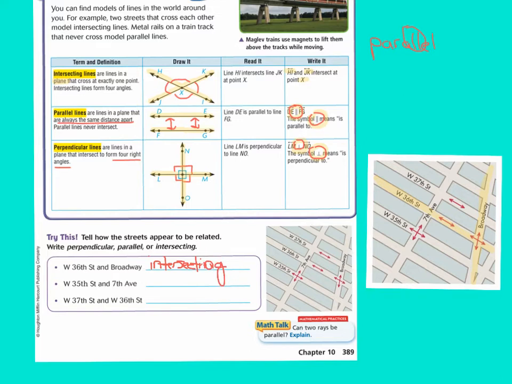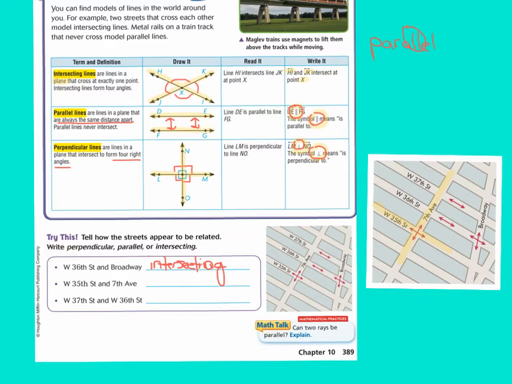Let's look at West 35th Street, and let me erase this. So let's look at West 35th Street and 7th Avenue. So West 35th and 7th is right here. Again, they do cross at a point right here in that intersection.